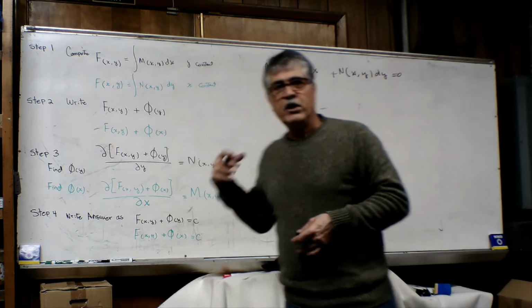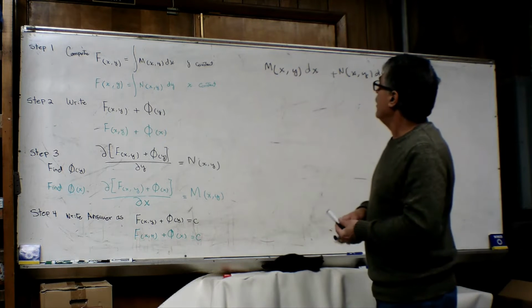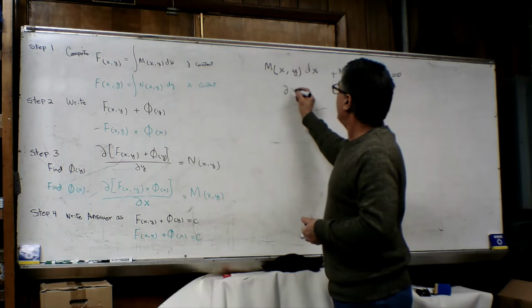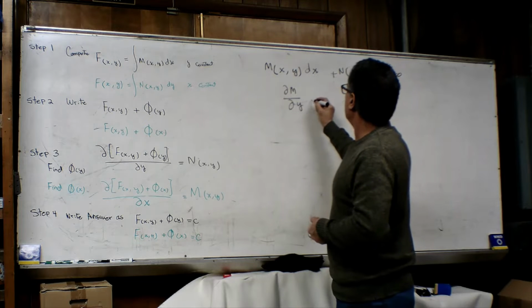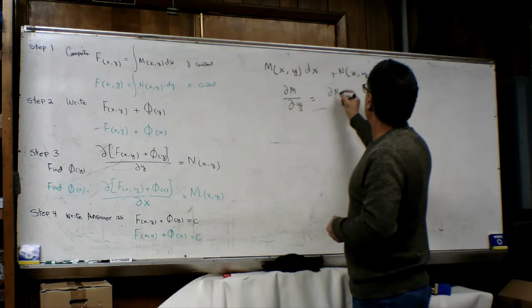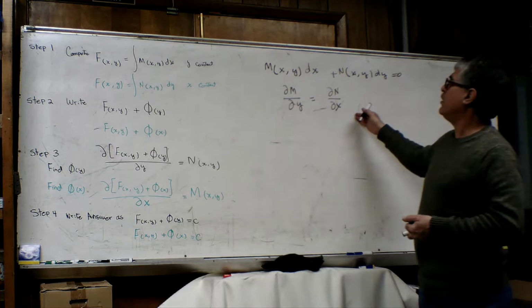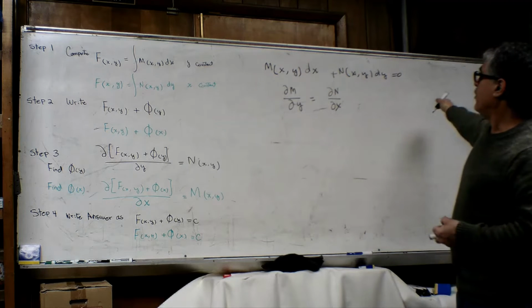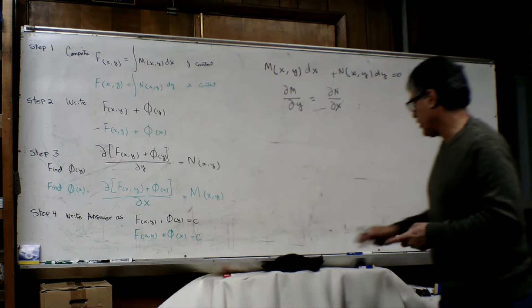In order for this equation to be an exact differential equation, the partial derivative of M with respect to y must be equal to the partial derivative of N with respect to x. This is the condition for our differential equation to be exact.